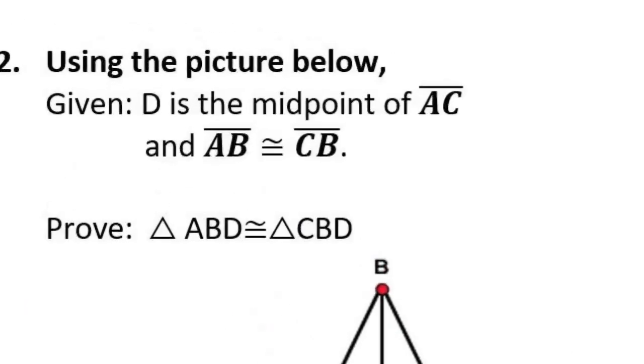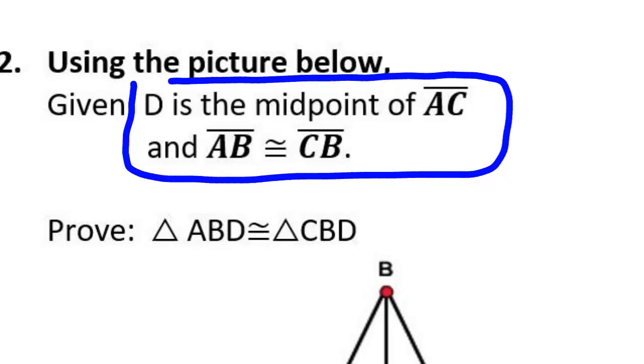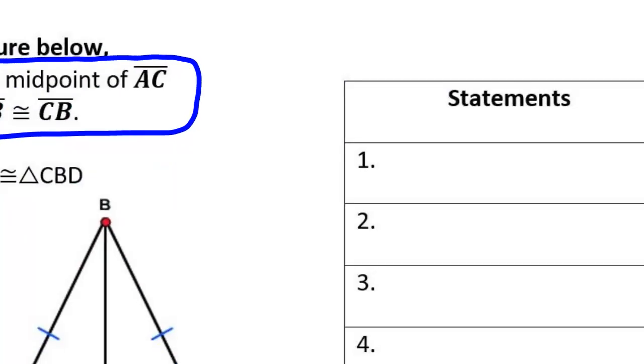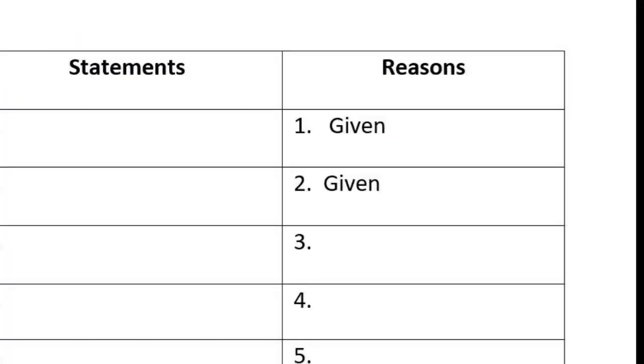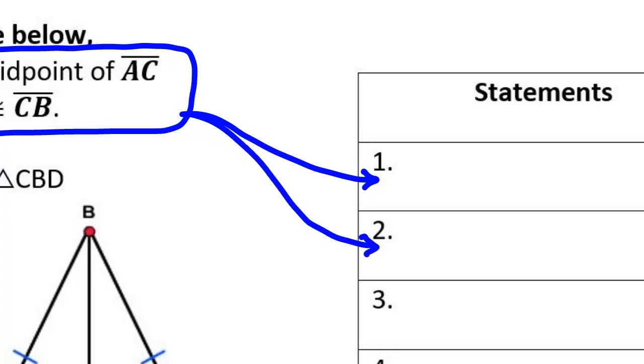We have been given that D is the midpoint of segment AC, and that segment AB is congruent to segment CB. So I'm going to come over here. We already know that our first 2 reasons are given. So I'm going to put this information as statements 1 and 2. Typically, I would write this all as just one statement and write given next to it.